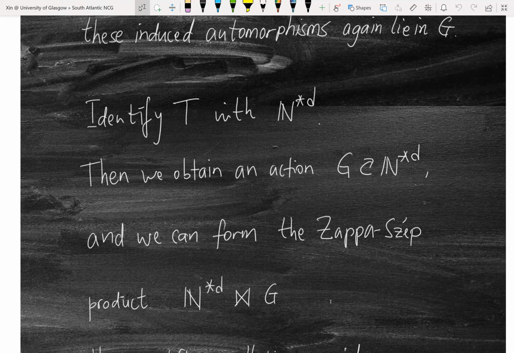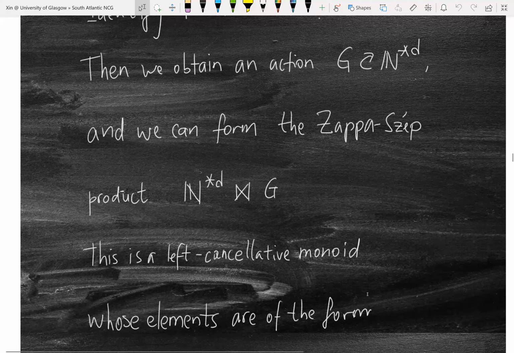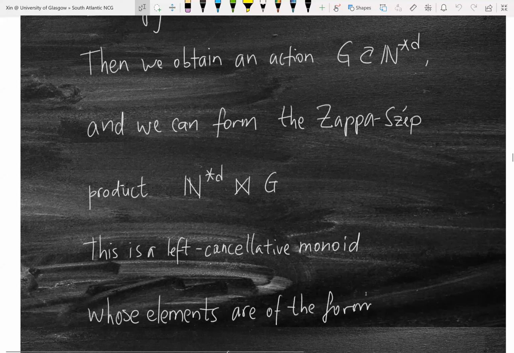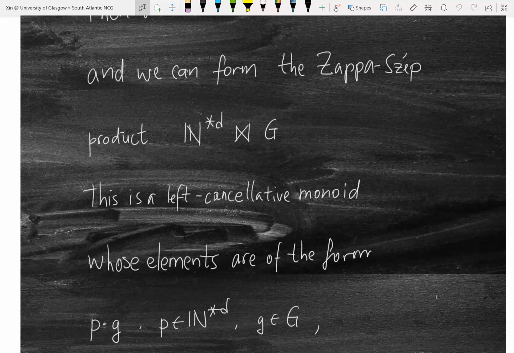Again, maybe I won't go into details too much, but how to think about this: this is another monoid, and the elements can be written uniquely as a product of something in the free monoid times something in the group. To be able to talk about a monoid, I then have to explain how to multiply 2 such expressions.